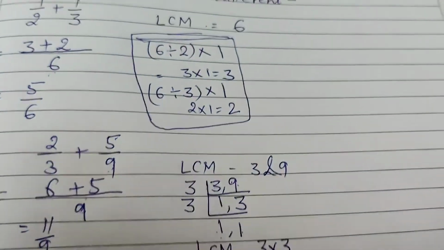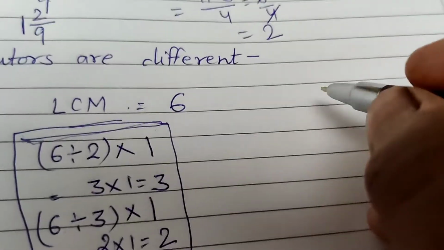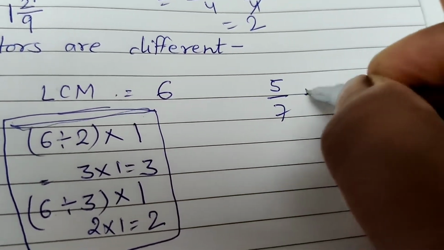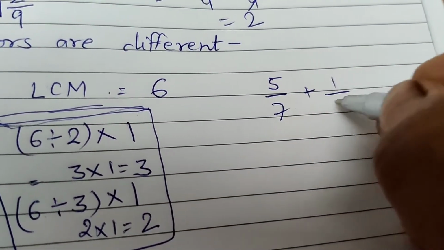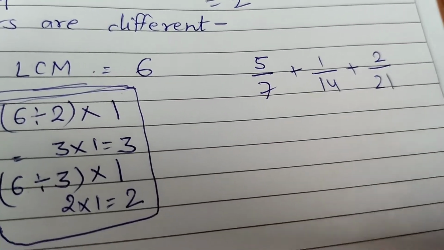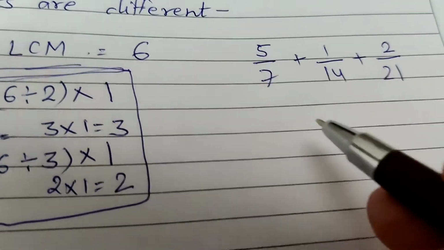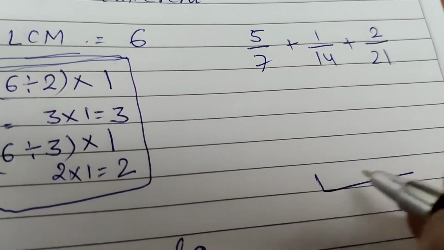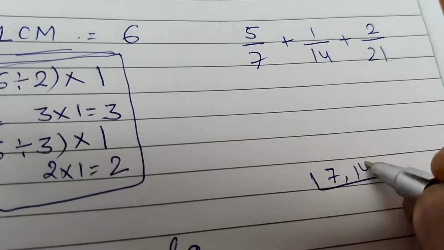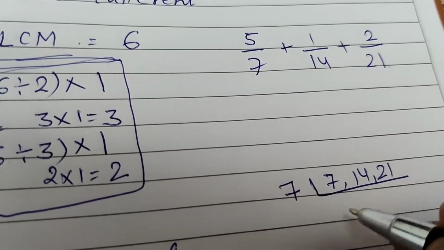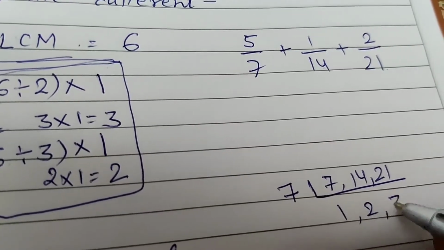Okay. Next, another example. 5 by 7, 1 by 14, and another one, 2 by 21. Okay. First, we have to take the LCM of 7, 14 and 21. Divide by 7: 1, 2, 3.